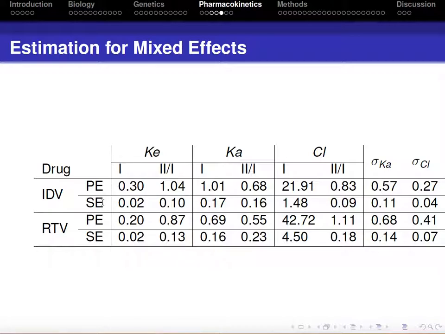This shows the values of these three parameters at the population level. And this shows the ratio between treatment 2 and treatment 1 at the population level. At the same time, we can calculate the standard error and the variance of the random effects for Ka and Cl in the data.